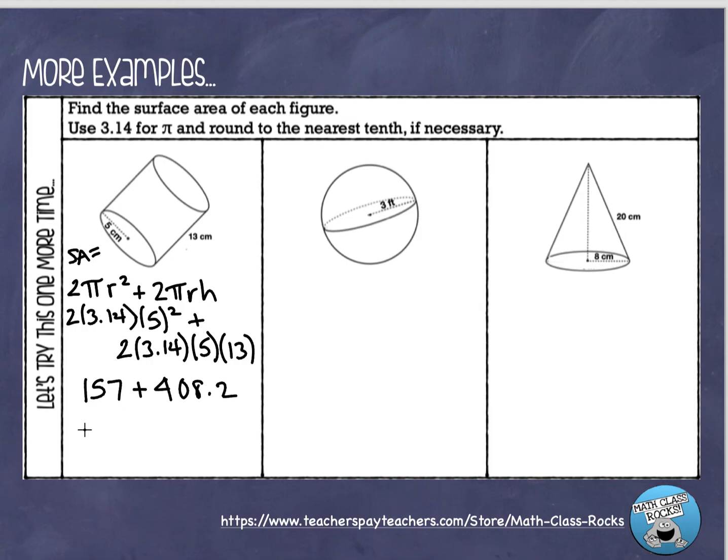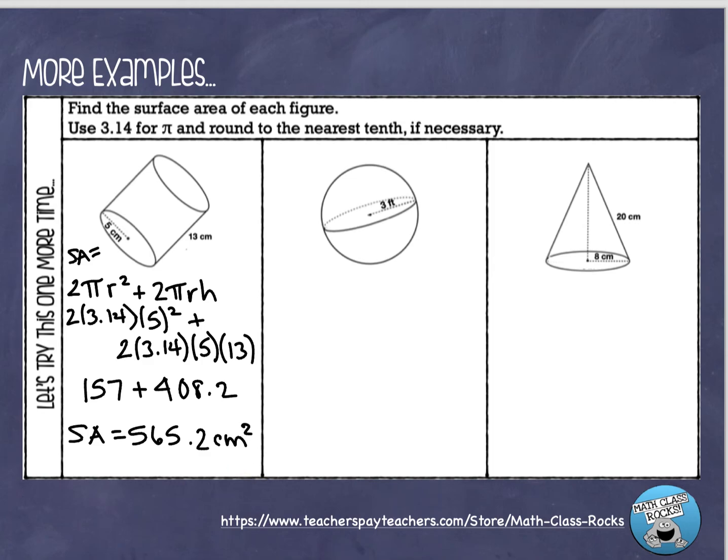And then I'm going to add these together. So my surface area, when I add 408.2 to 157, is going to give me 565.2, and these are centimeters squared.